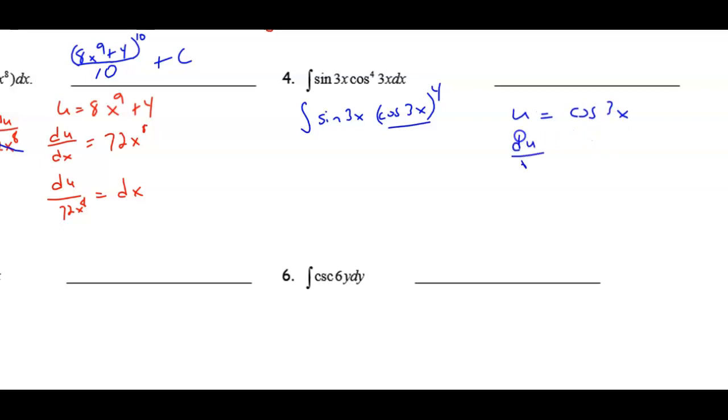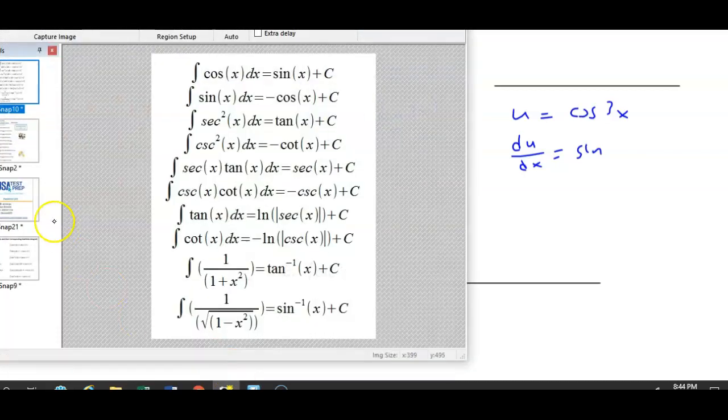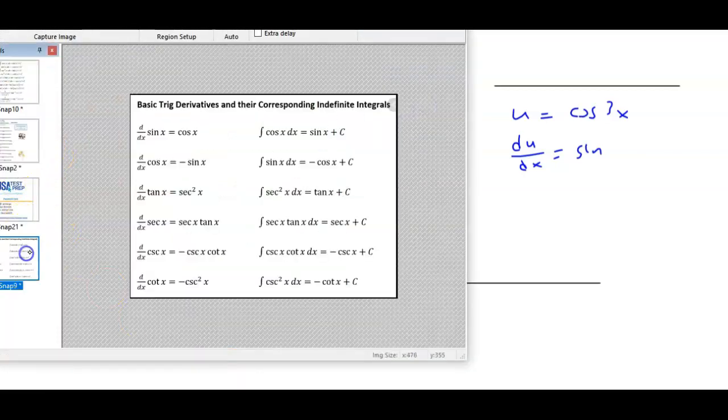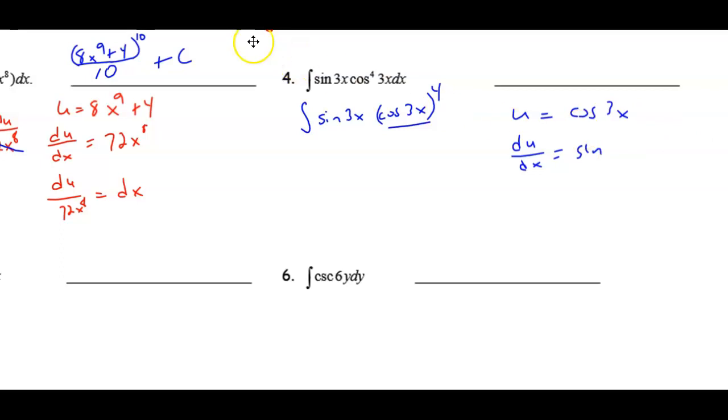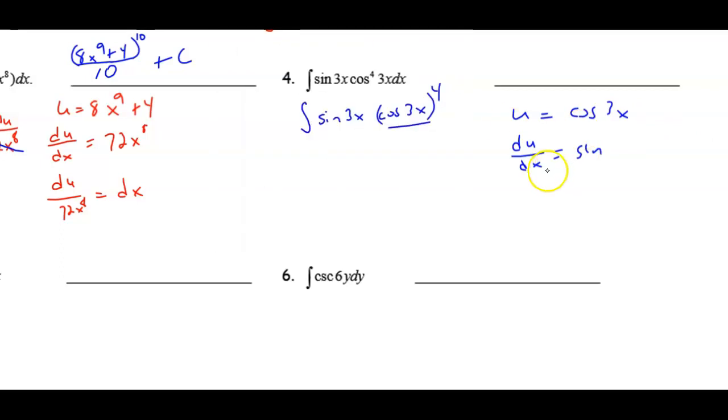And du over dx is going to be, here, let me show you. The derivative of cosine is negative sine. All right. So that gives me negative sine of 3x times 3, because you have to take the derivative of the internal function as well.